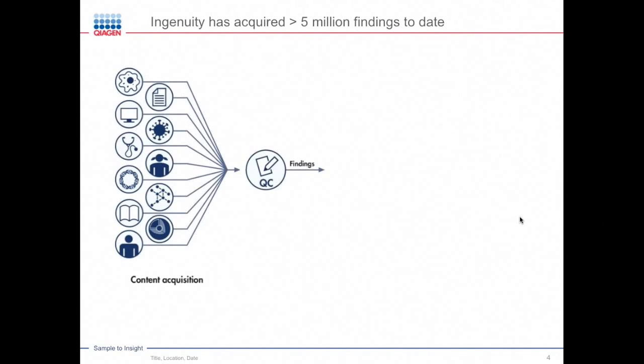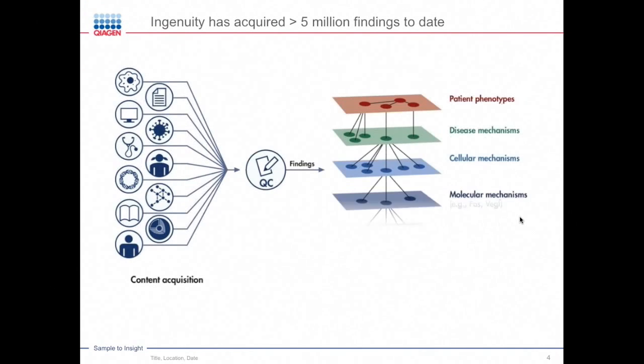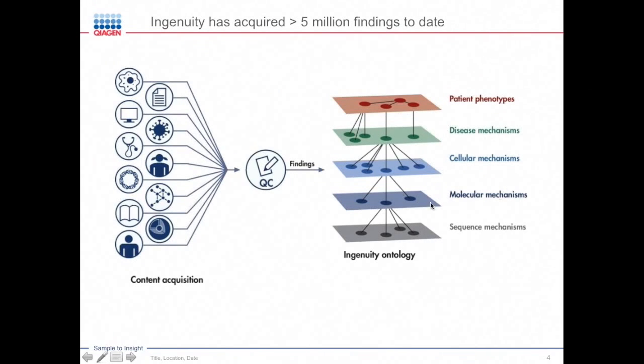So let me give you a little background on what Ingenuity has been doing for more than 13 years: acquiring findings or facts from the literature and other sources. We have PhD scientists who read journal articles and curate findings from the articles and structure them in a way that is useful to do analysis with those findings later computationally, because we understand how biological concepts are connected to one another in an ontology.